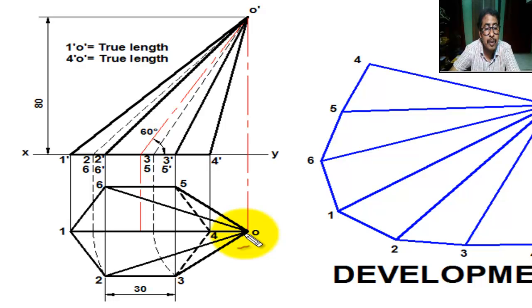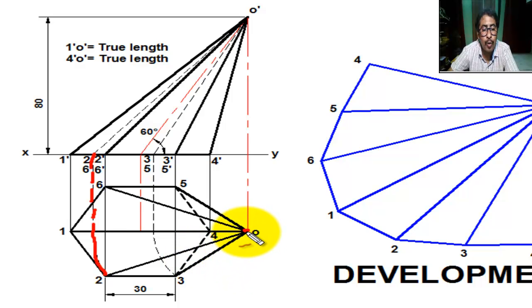To find the true length, with center O, draw an arc from 2 or 6 up to the horizontal line. Next, draw the vertical line up to XY line.